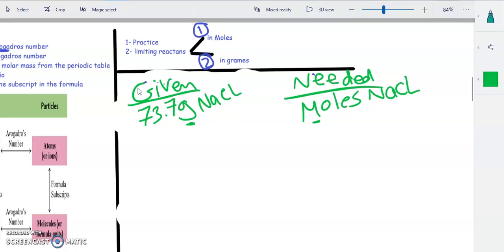So the first thing that you would need to do is actually calculate the molar mass of NaCl.